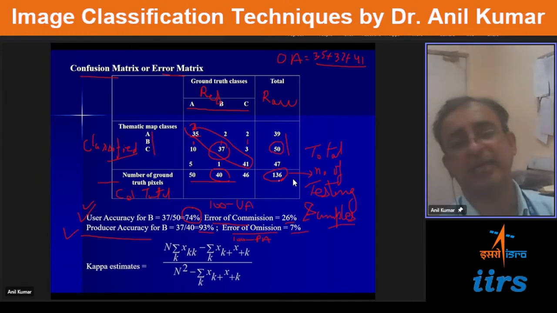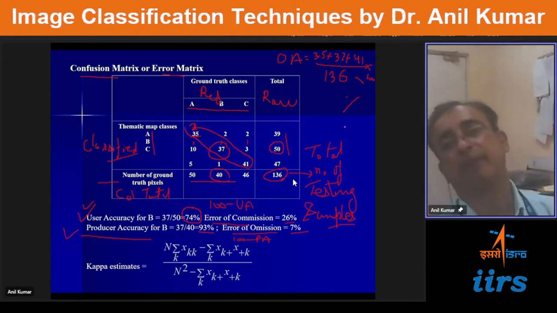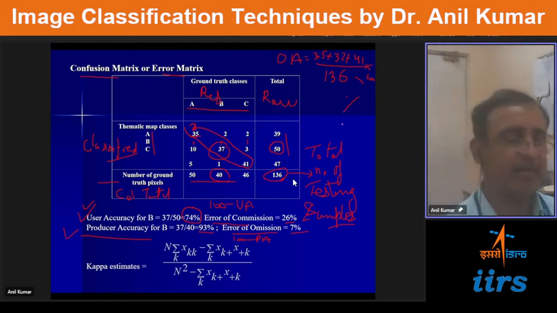If you find the row total or column total, it is 136. And multiply by 100 so that you get a percentage. Like this, you can find out the overall accuracy of your thematic map.